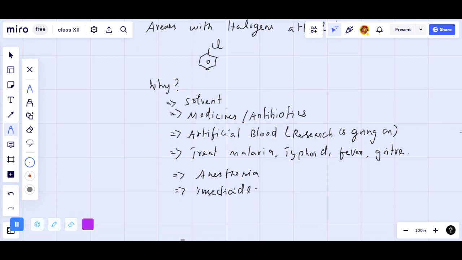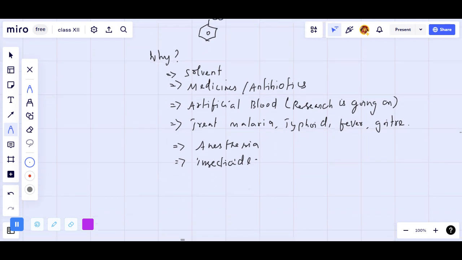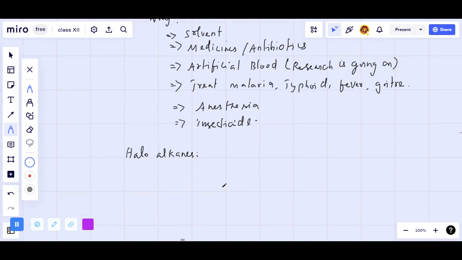First, we will see haloalkanes. If you take a haloalkane, in the carbon all these sides will be hydrogen.